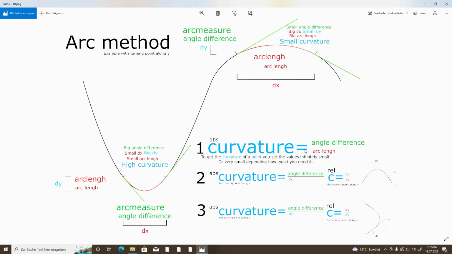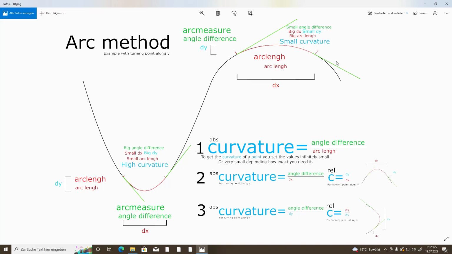How do we get it? Angle difference divided by arc length. So we have a big angle difference, as we can see, and relatively small arc length, and that means big angle difference divided by a small arc length is big. That means this is a big curvature. Then we have there a small angle difference, as we can see, and big arc length. So small divided by big is small curvature.